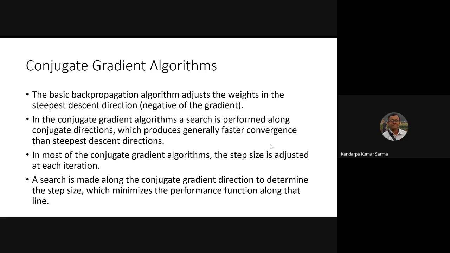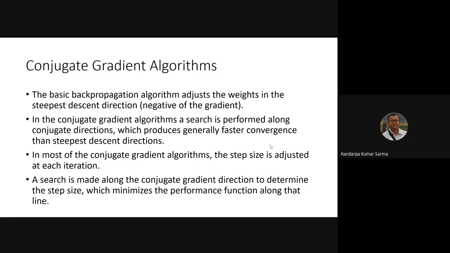Conjugate form means you can consider a baseline gradient. You can consider that the gradient is rising or falling. So the next gradient value can be a plus minus value.